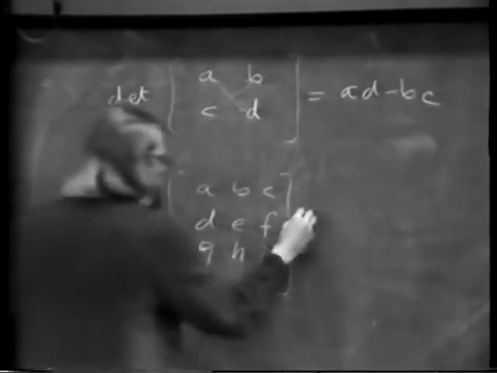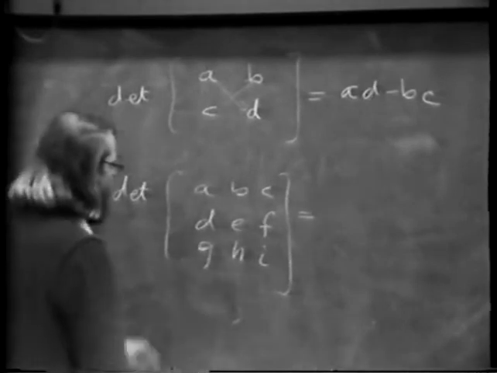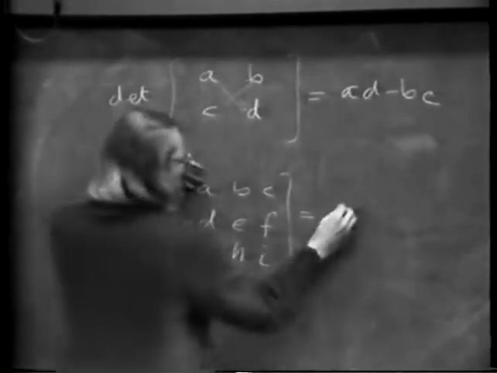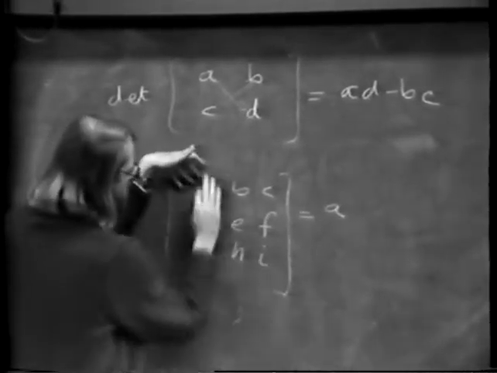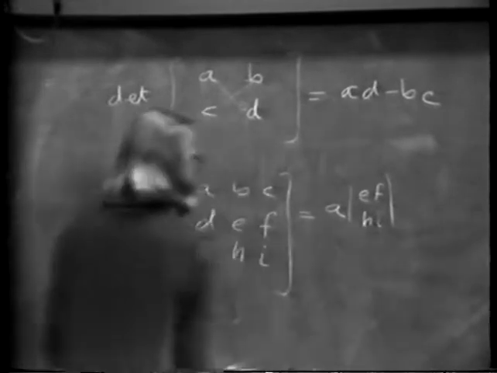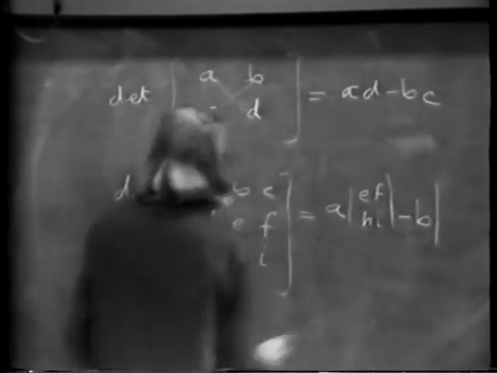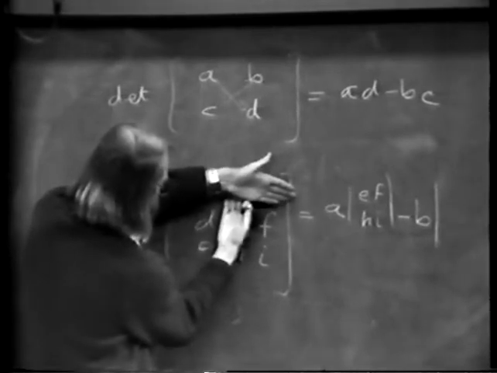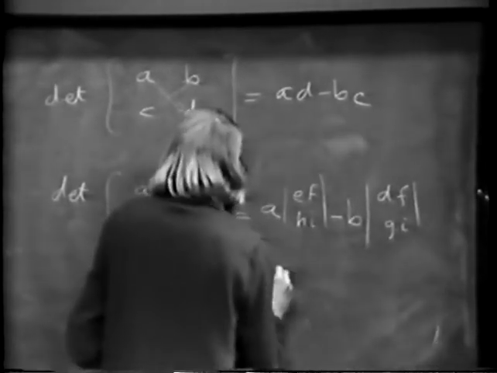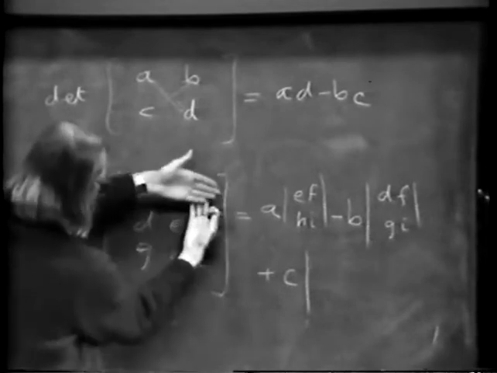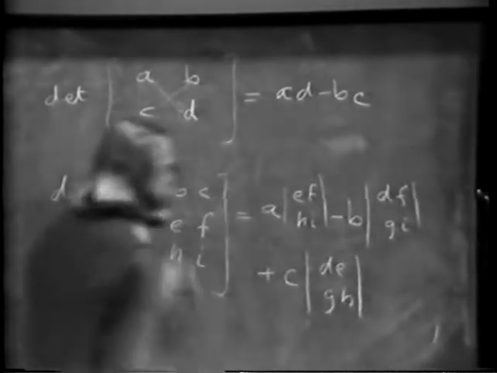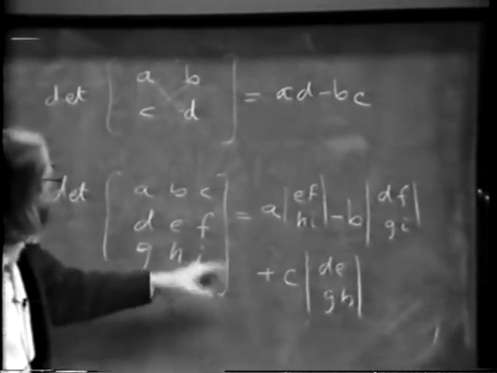The determinant of a bigger matrix is defined in terms of smaller matrices. We'll start out with the top row, and it's going to be A times the determinant of what's left of the matrix if you erase all the rows and columns containing A, which is E, F, H, and I, minus B times the determinant of what's left if you erase the rows and columns containing B, which is D, F, G, and I, plus C times the determinant of what's left when you erase those, D, E, G, H. So this is a definition of the determinant for a 3 by 3 matrix.